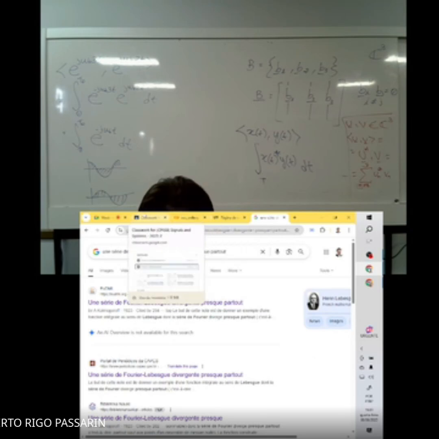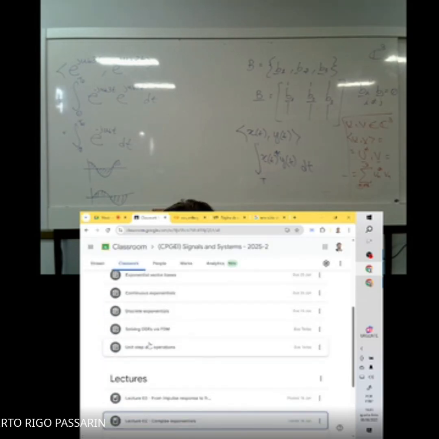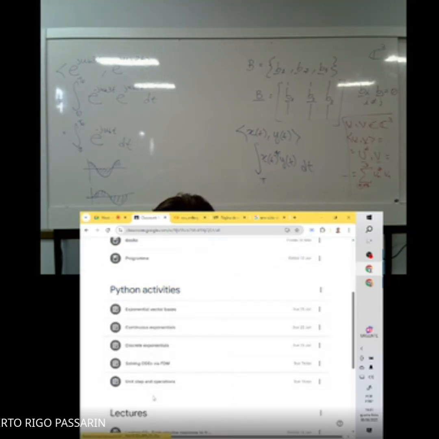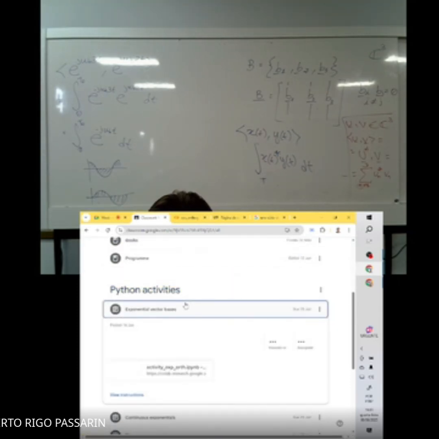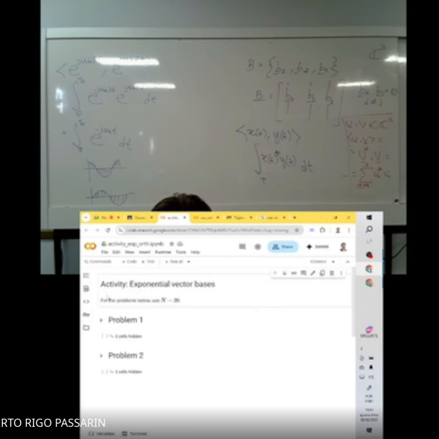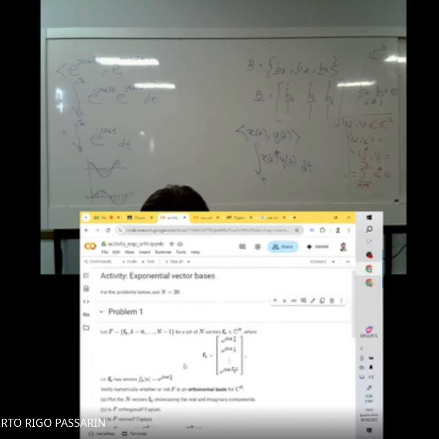The discrete case is simpler. So you will show that it's a basis. Python activities, exponential vector basis. Use n equals 20. Then you can play with any value you want for big N. Problem 1.